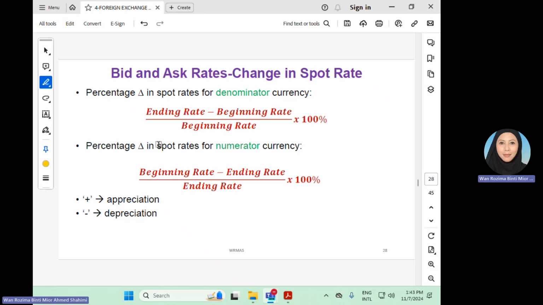Second period, for example yesterday and today, it has changed from 2 to 2.5. By looking at this, you know the USD depreciates and the British pound appreciates, but we want to know in terms of figures. So what is the answer?